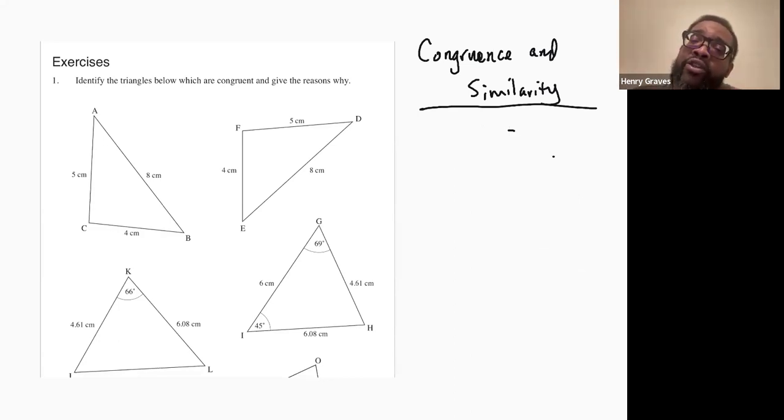I'm going to call this my red triangle ABC, and the other one is going to be blue. Oddly enough, my two favorite colors are blue and red.